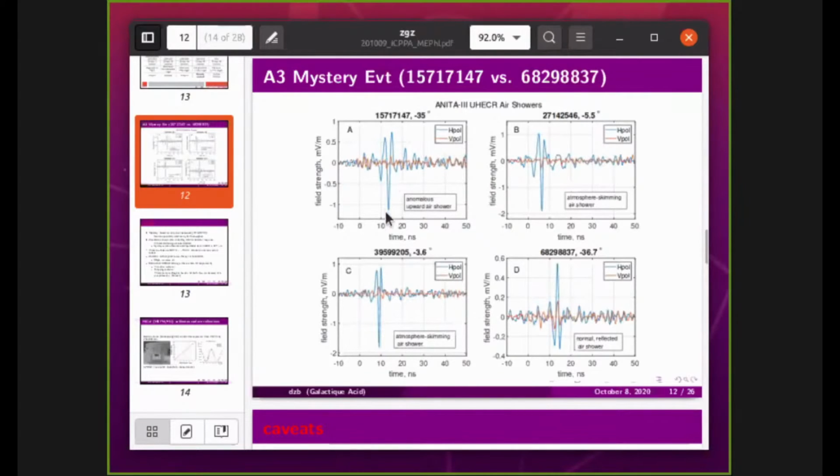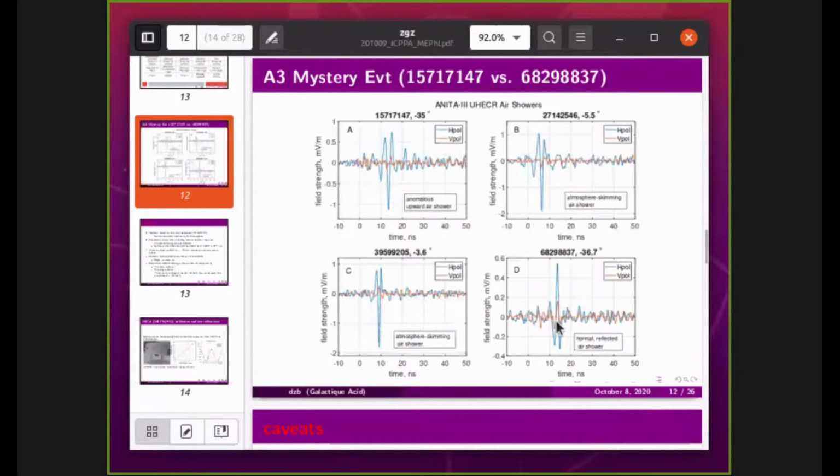It shows the polarity expected for a reflected signal. These are so-called direct ultra high energy cosmic rays. It also shows the same polarity, predominantly negative, expected for a signal which is Earth skimming but does not reflect off the Earth's surface. So this is a standard reflection. This is Earth skimming. They all have the same polarity.